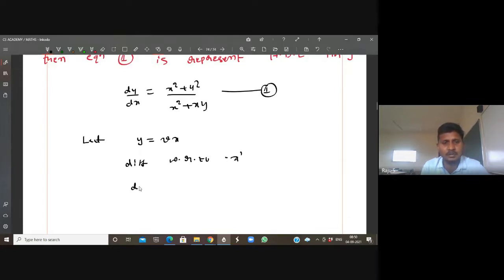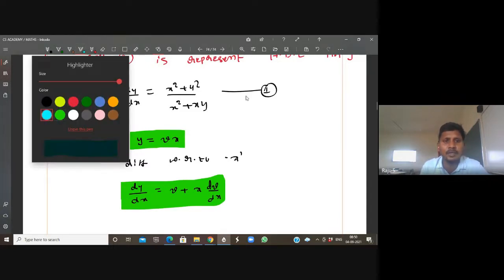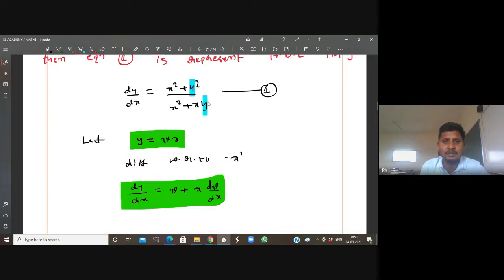So dy by dx is equal to v plus x dv by dx. Now replace y by vx, and in place of dy by dx substitute v plus x dv by dx.